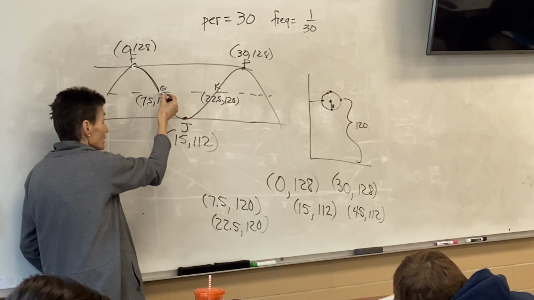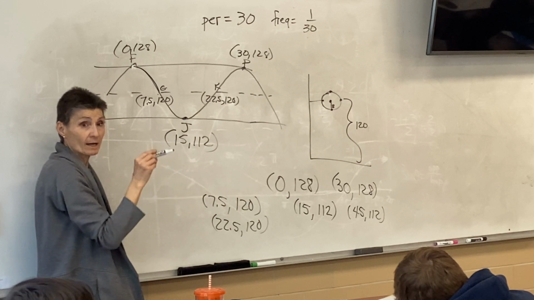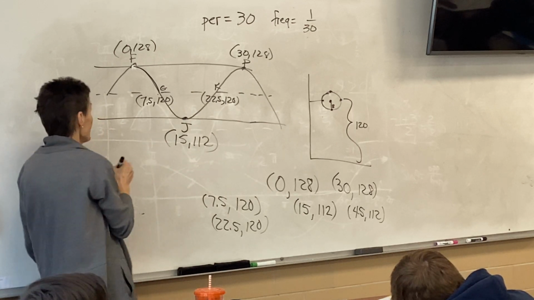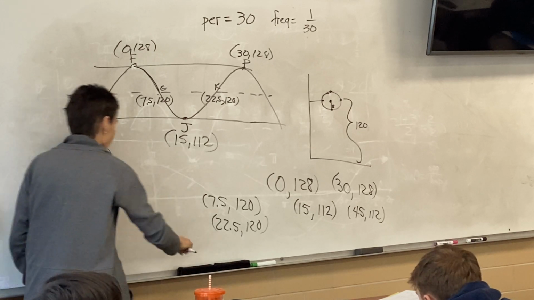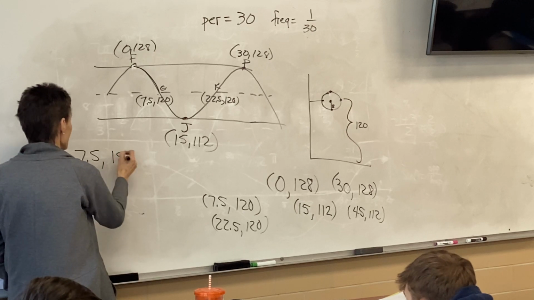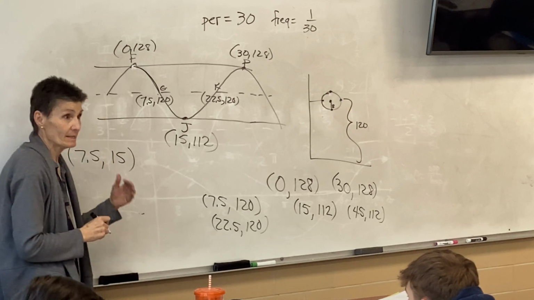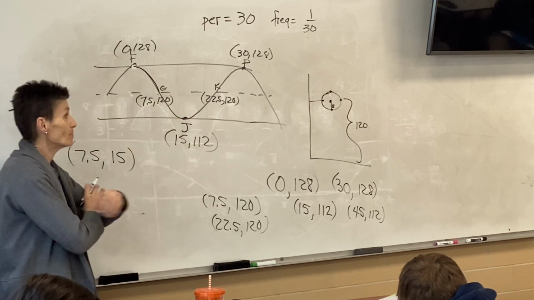So G to J. So G to J would be decreasing and concave up. Would you agree with that? So 7.5, 120, well actually I want an interval. So from 7.5 to 15, that interval is decreasing and concave up.